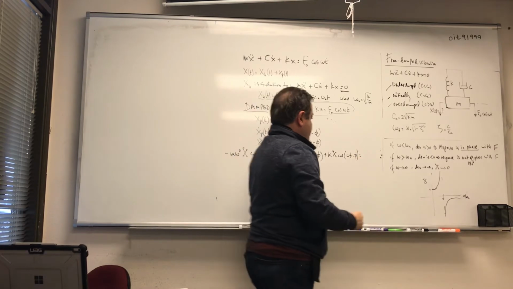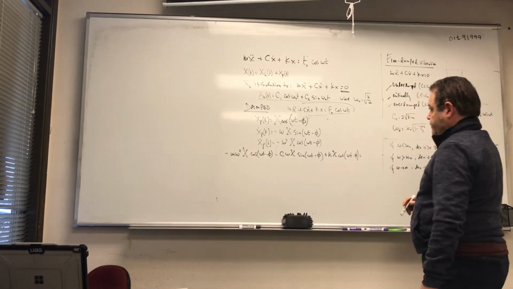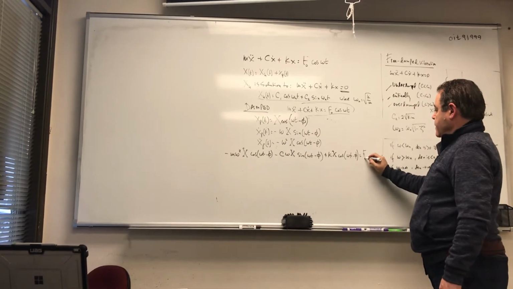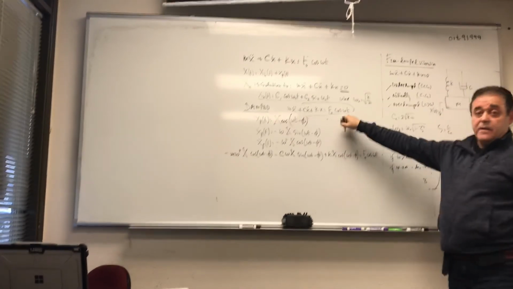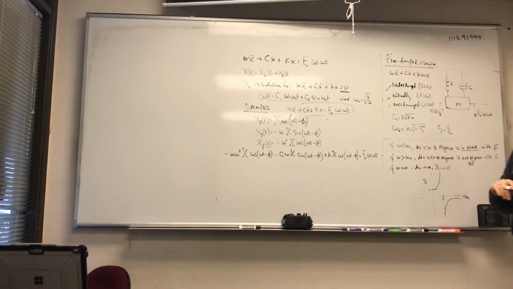The whole thing should equal F naught cosine omega t, just cosine omega t, because that's still the forcing function.